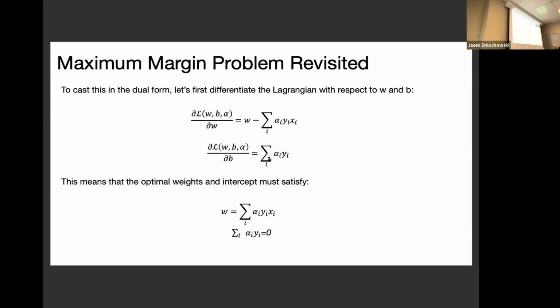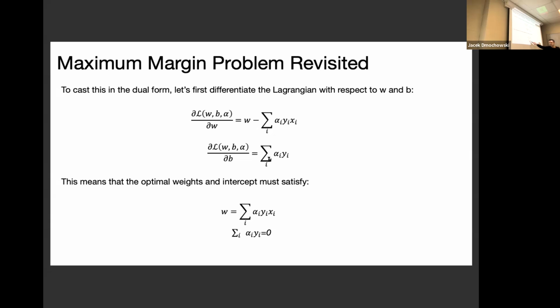So your classifier is formed from your training set. This is also saying that either the Lagrange multiplier is going to be 0, or your label is going to be 0.